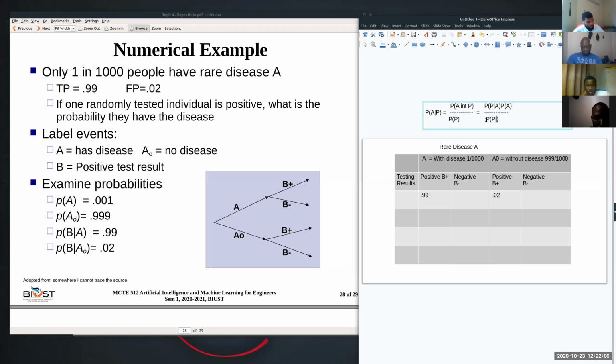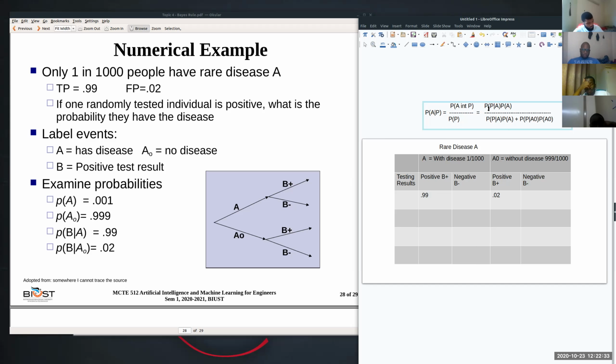The probability of being positive given that it has the disease times the probability of the disease, and the probability of being positive given that you don't have the disease times the probability that you don't have the disease, because those are all the ways of being positive. Finish. That's it. Just substitute.